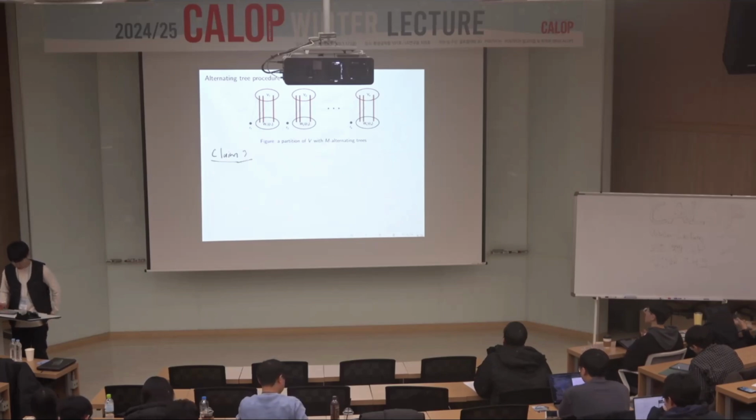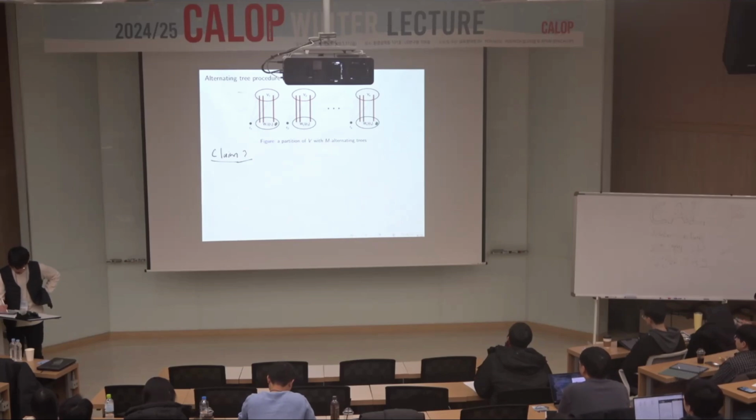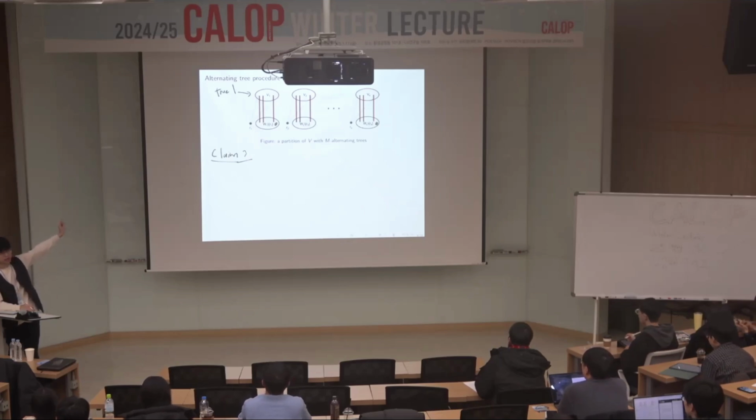Claim 3 is the following. Let me draw an example. This is tree 1. Now you are done with your search. If you have this tree without finding an augmenting path, then it means that there's no augmenting path starting from this exposed vertex R1.